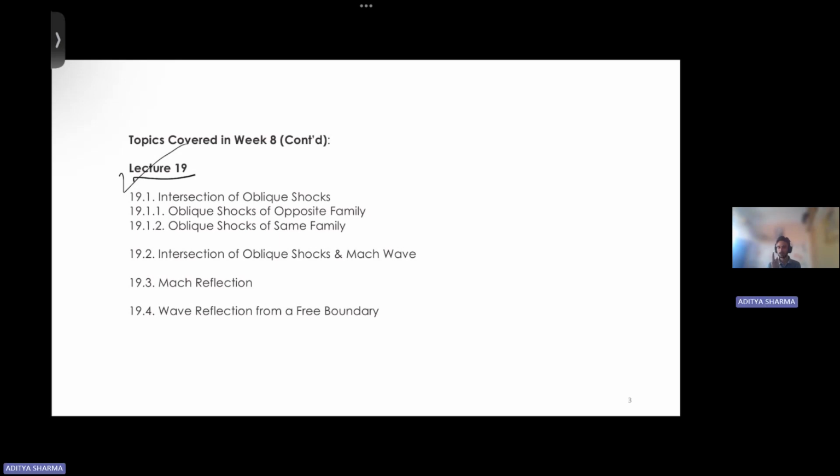This nomenclature, the positive and negative values of theta, has to do with the families of oblique shocks. If the deflections are in opposite directions, we call it the opposite family. But if the deflection is in the same direction, we call this the same family.